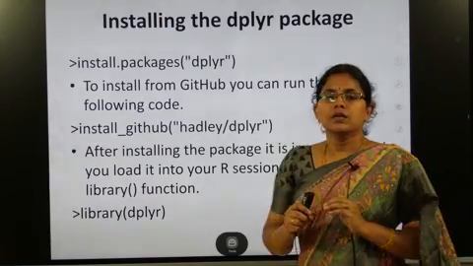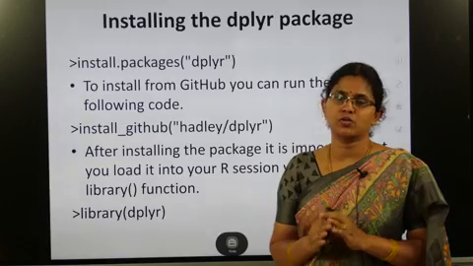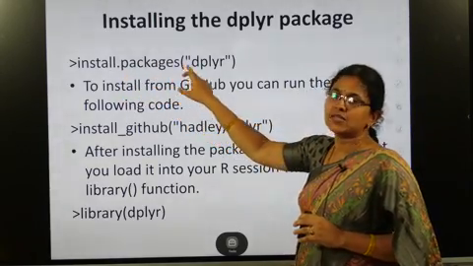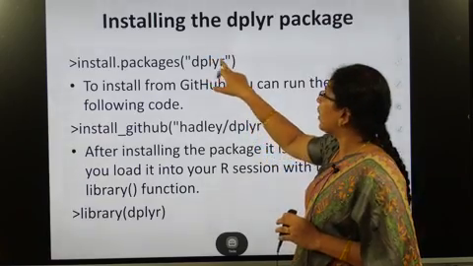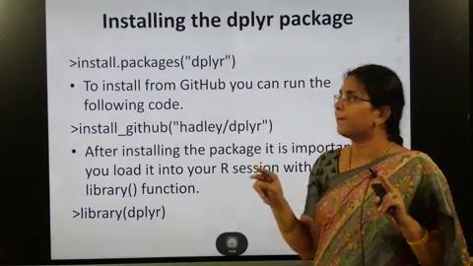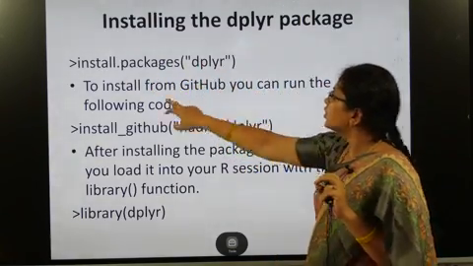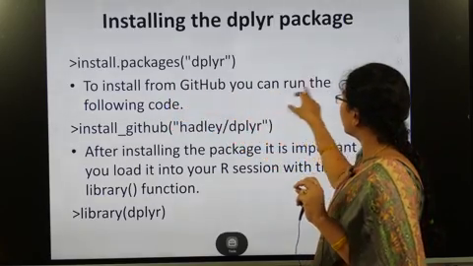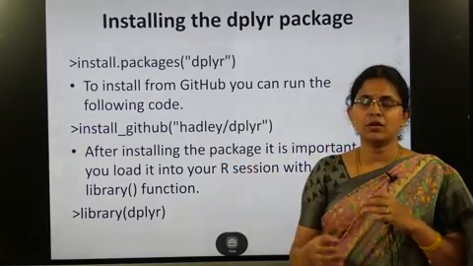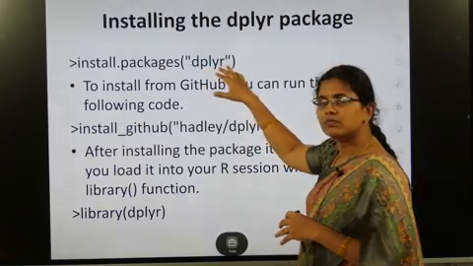Next, how to install the Dplyr package in R. Simply use install.packages of dplyr. You have to indicate the package name in double quotes: install.packages("dplyr"). To install from GitHub, you can run the following code. If you want to install directly from the internet, you can use this one.